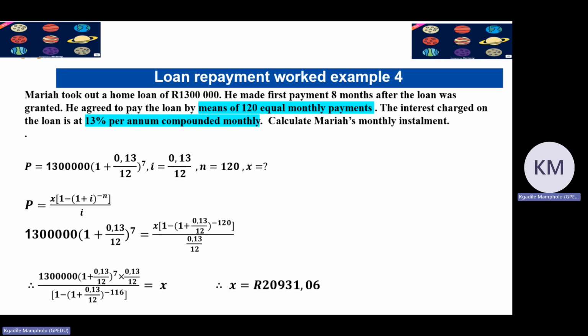It says she agreed to pay the loan by means of 120 equal payments, even if there were penalties for missing 7 months. So it's still 120 here because the agreement was not on time, but on number of payments. So then we cross multiply again to get 20,931 rand 6 cents.